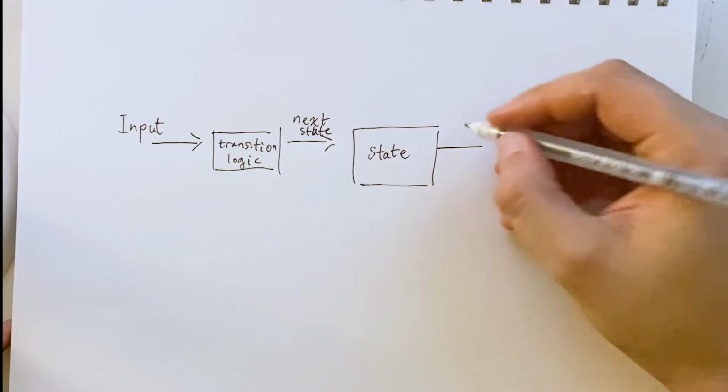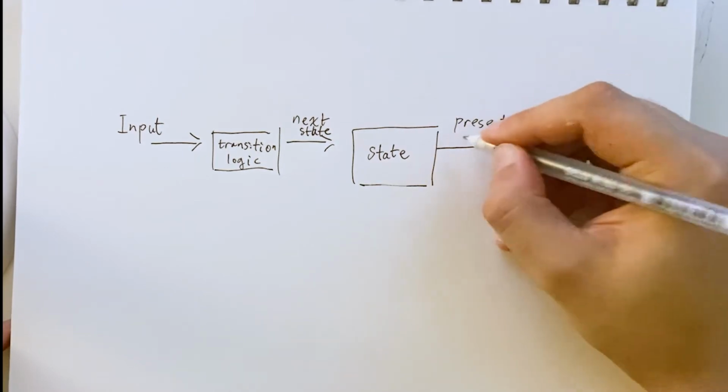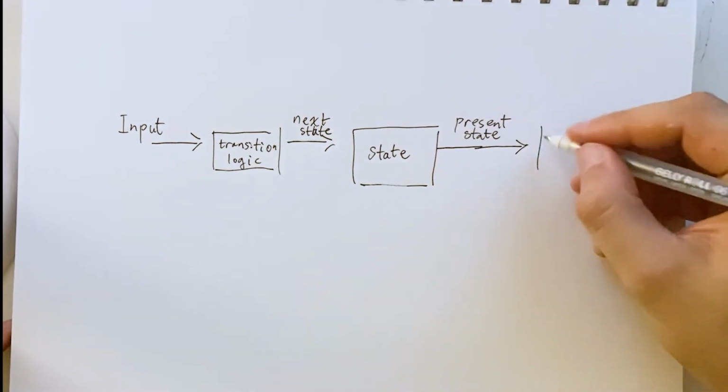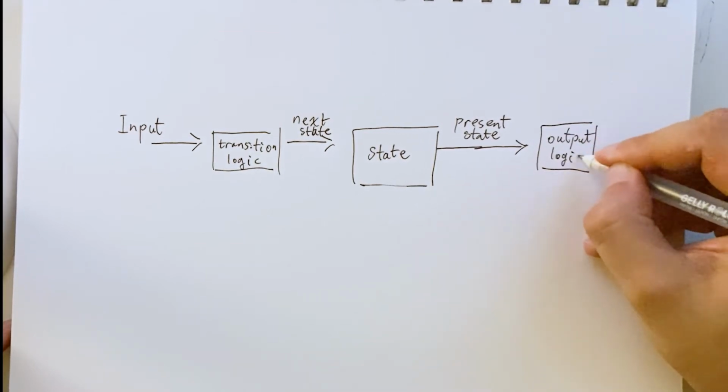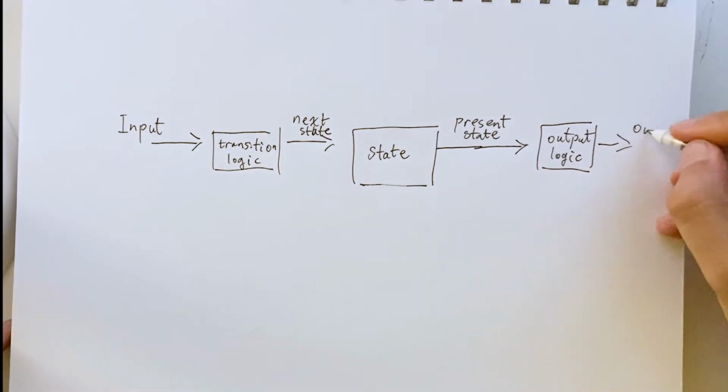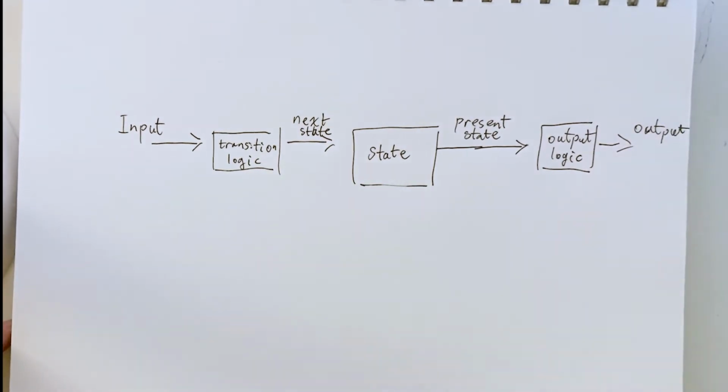And we can also get the present state and feed that through. There might be some extra processing on that, and it comes out as output.